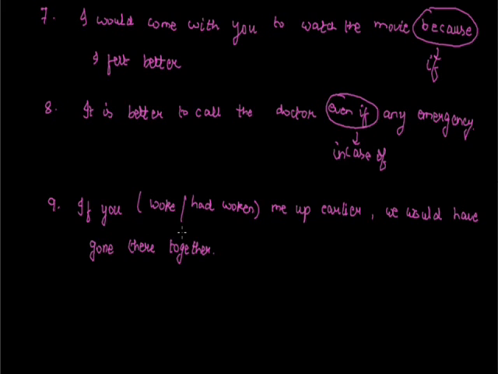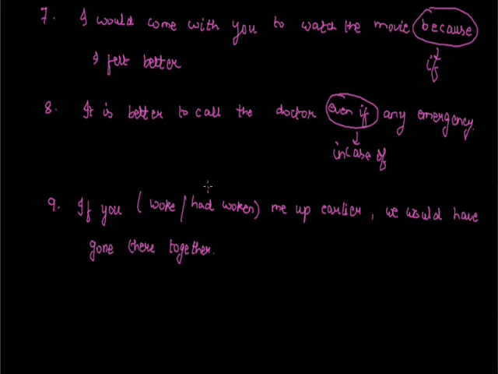According to the result clause, we would have gone there together, it belongs to the third condition, that is impossible condition, and in impossible condition we use if plus past perfect, that is had plus third form of verb, and in the result clause we use would have plus third form of verb.